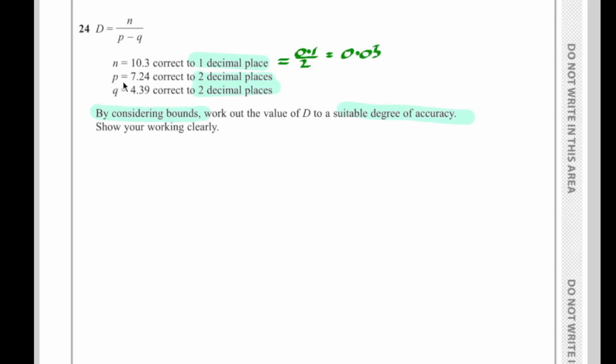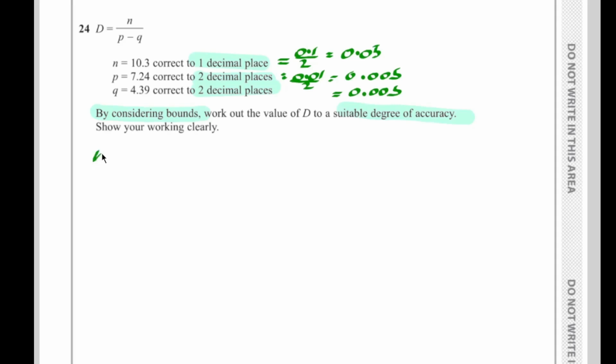Next, the measurement 7.24 is correct to 2 decimal places. The place value of the second decimal place is 0.01. Again, divide by 2, and the answer is 0.005. The next one is also 2 decimal places, so it is also 0.005.